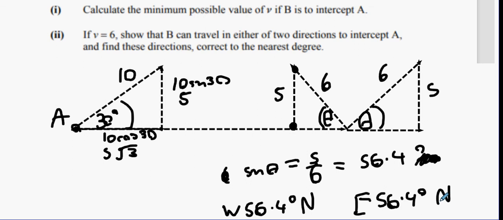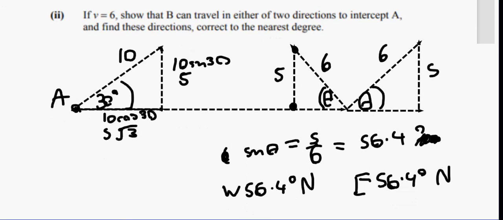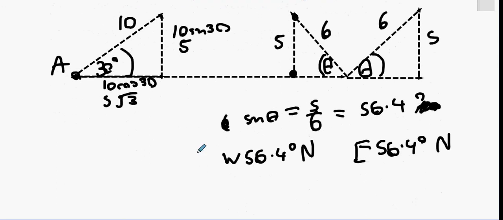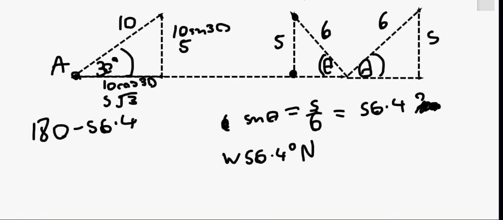Okay, now this is where things get troublesome for you, alright? Because some of you wrote down the answer wrong. Some of you did 180 minus 56.4, didn't you? And what was the number for that then? 123.56.